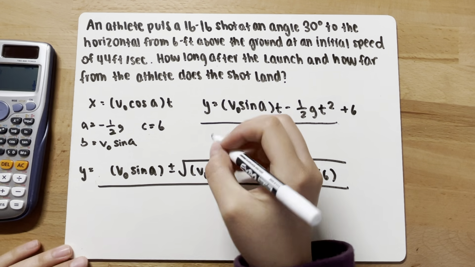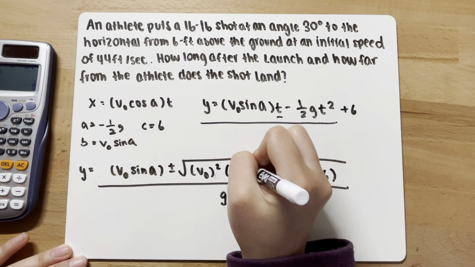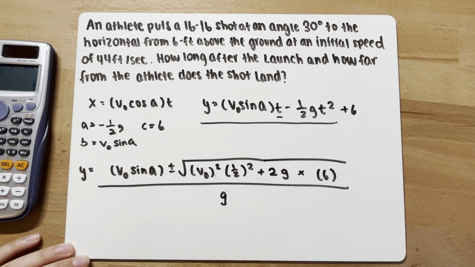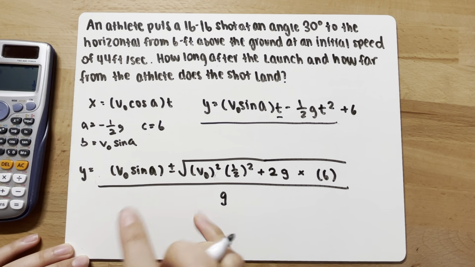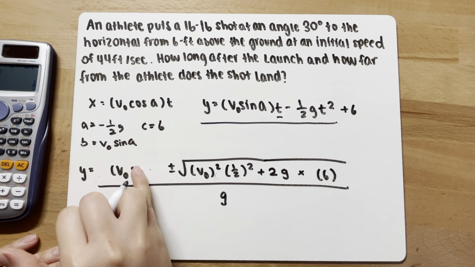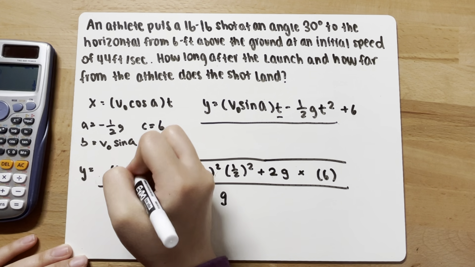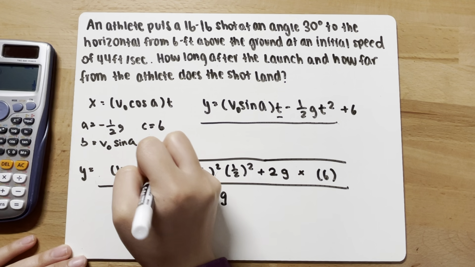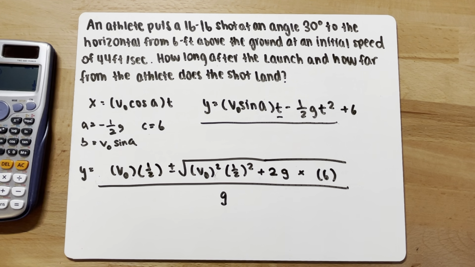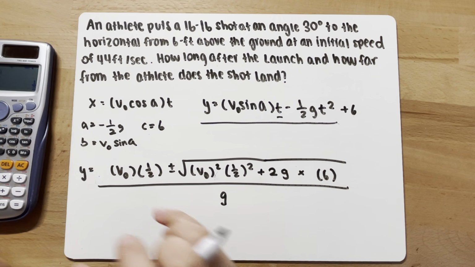You get 1/2 squared, okay? So same for here. Sine a is 1/2. We could change that as well. Sine a is 1/2. Okay, so now all you need to do is to plug and chug. So initial velocity is 44.